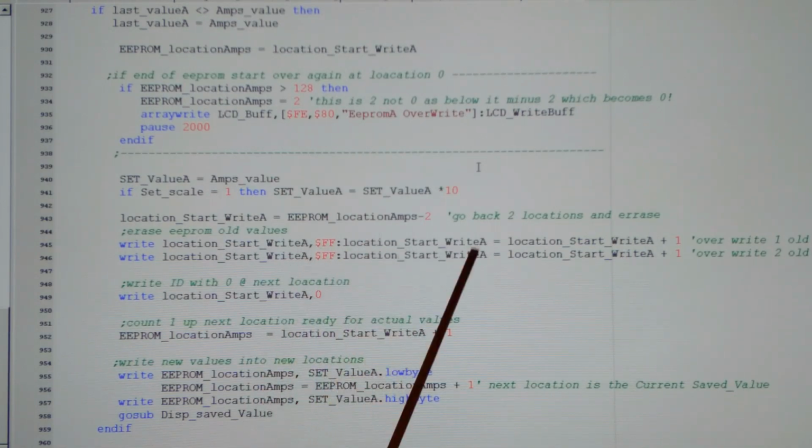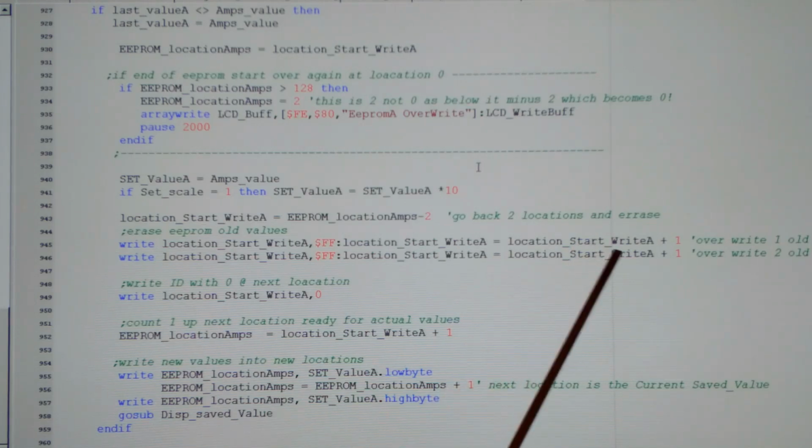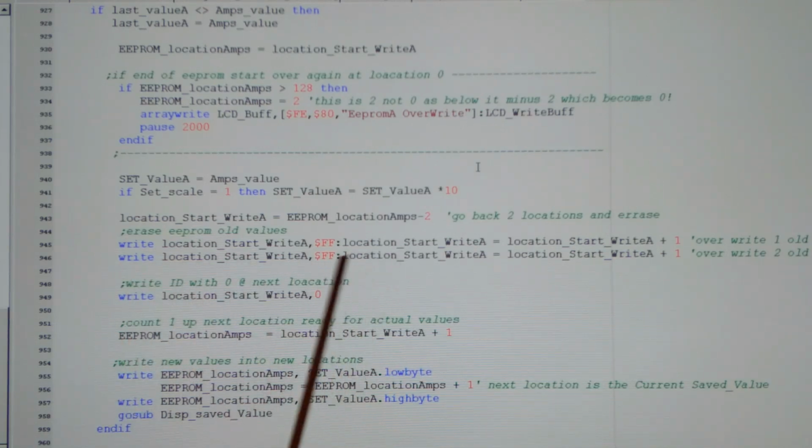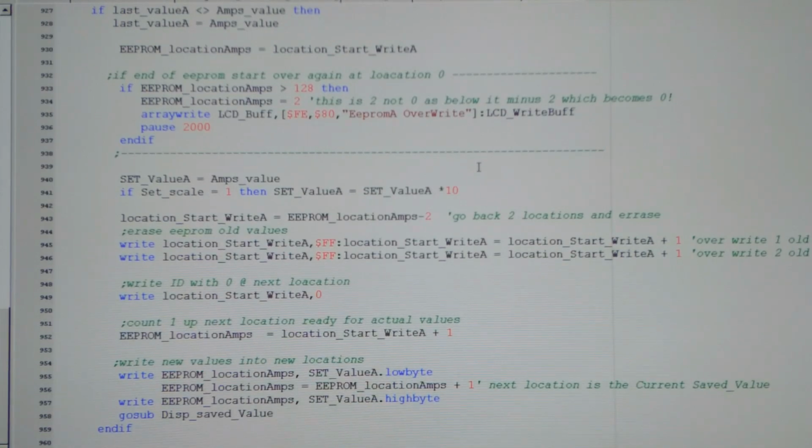Then the location start A equals location start A plus 1. I have to jump and rewrite the second location. Okay? And then put a 0, okay?